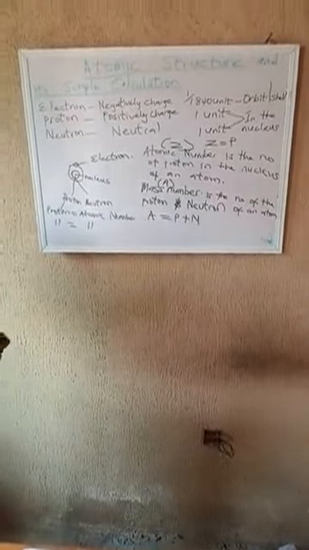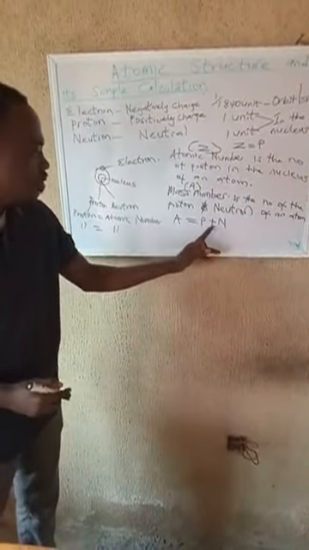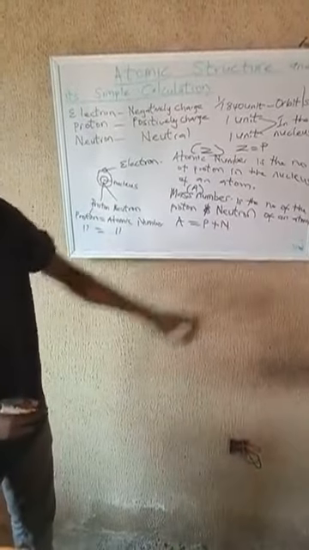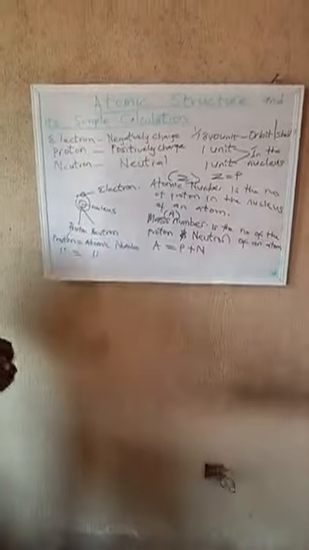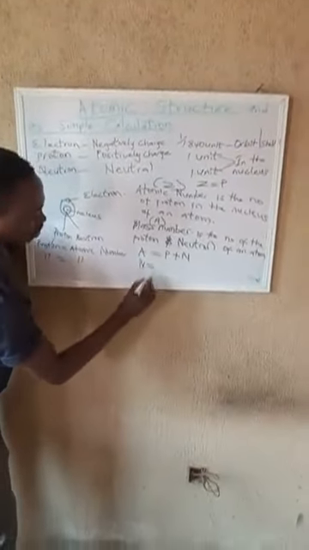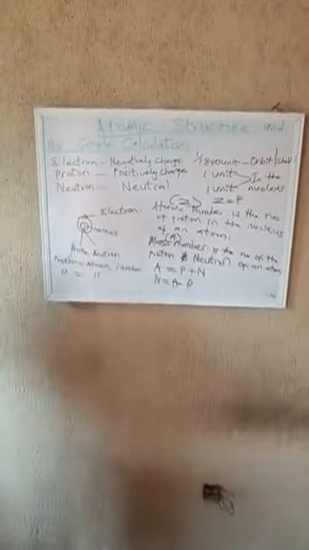Let's do a simple calculation from here. The mass number is obtained by adding the proton number plus the neutron number. So, for example, if we want to find the neutron number, the neutron will be equal to the mass number minus the proton number.